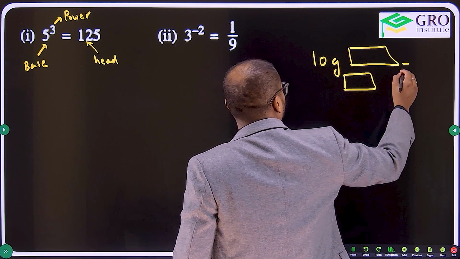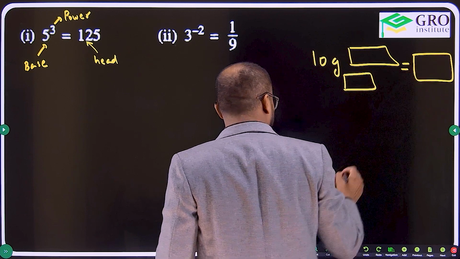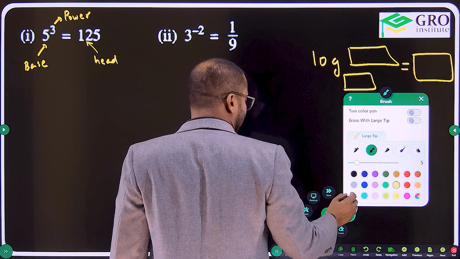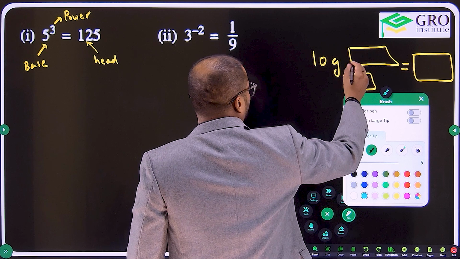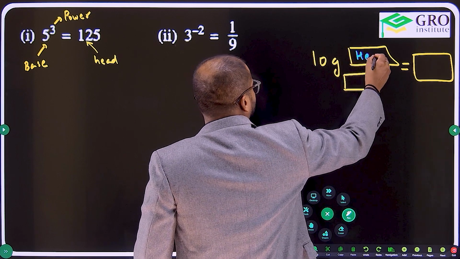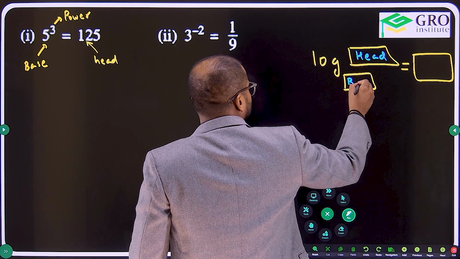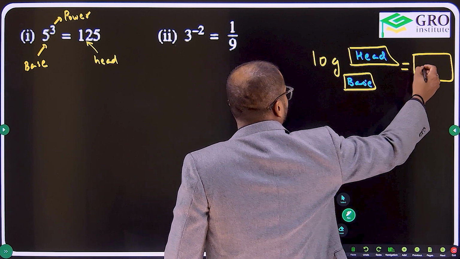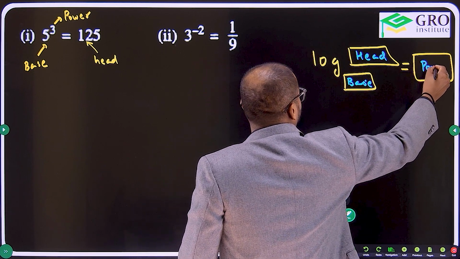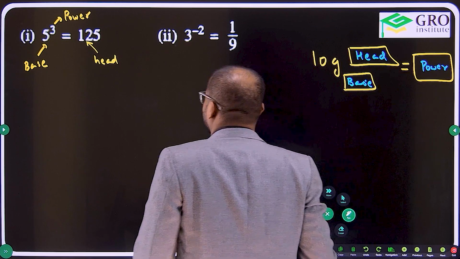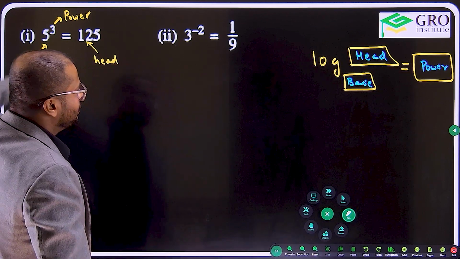These 3 blocks you have to fill, and according to us it is going to be log of head having base is equal to power, right?